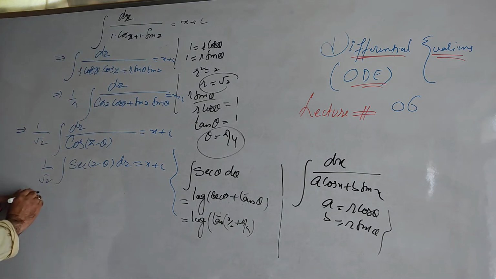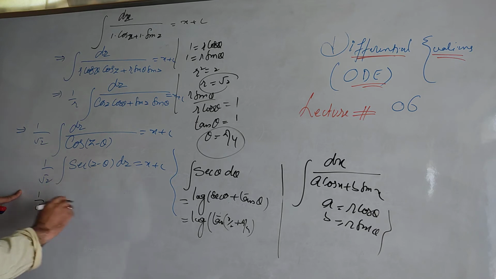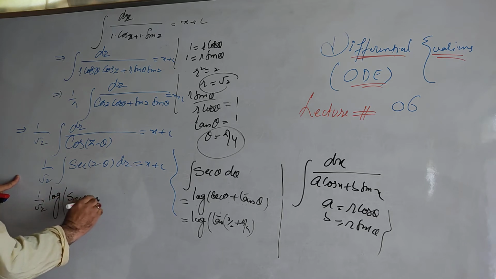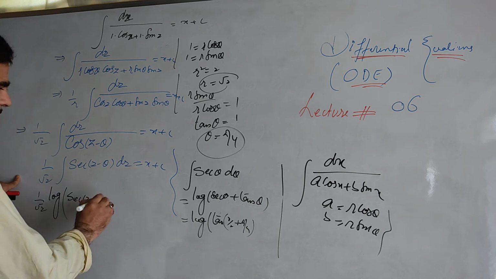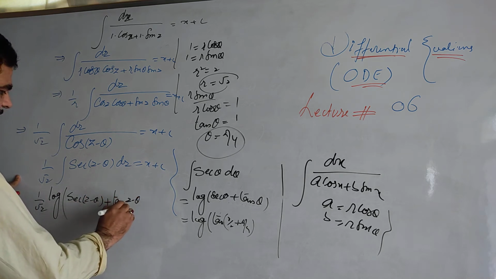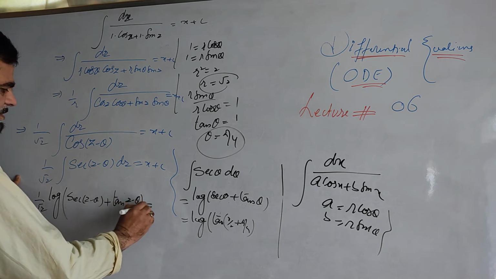Now accordingly, this is 1 by root 2. Using that, it is log of sec of z minus theta plus tan of z minus theta, equals x plus c.